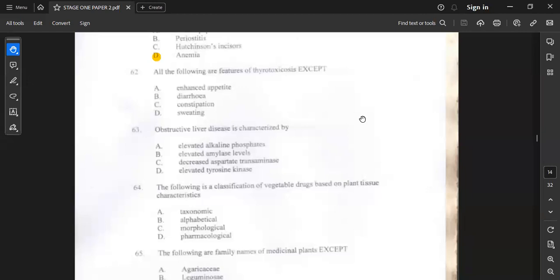For the causes, we have toxic adenoma, toxic multinodular goiter, or Plummer's disease.